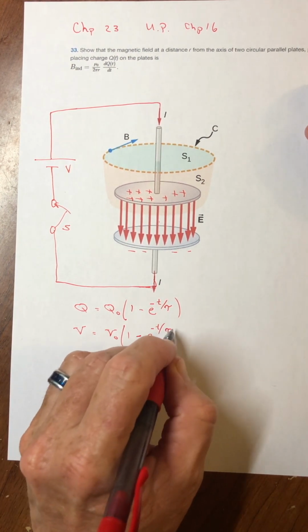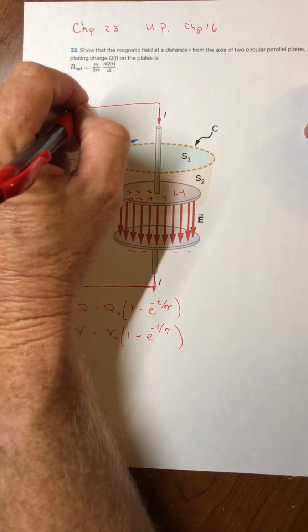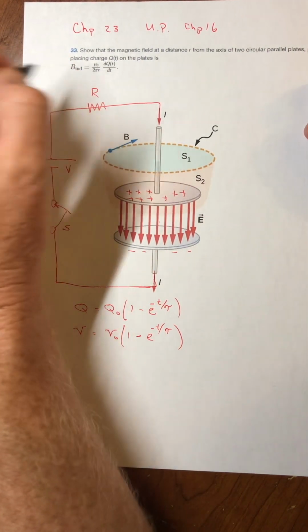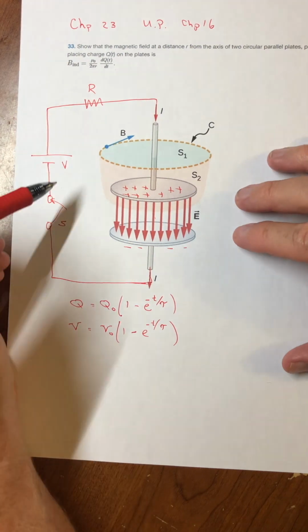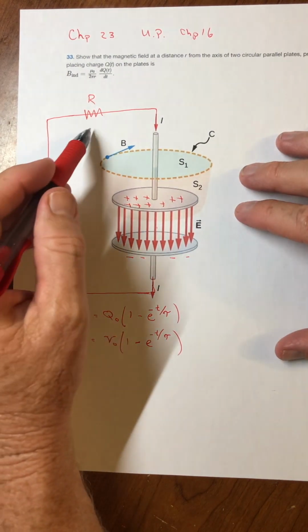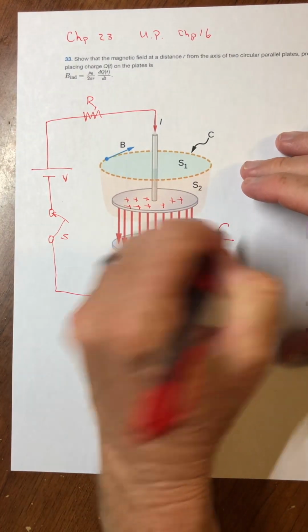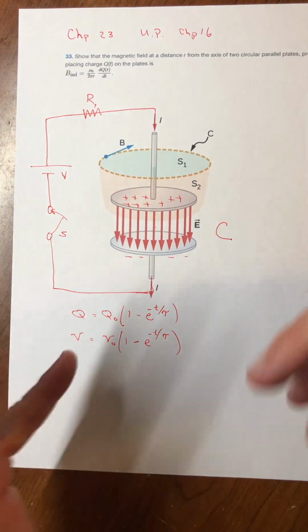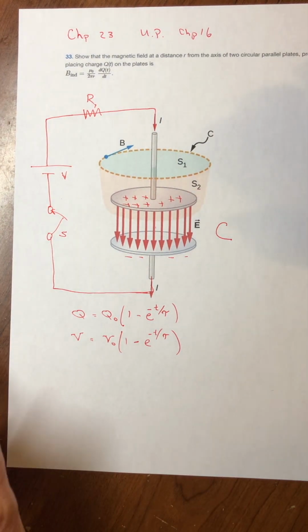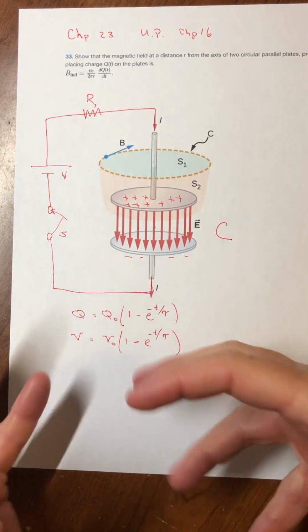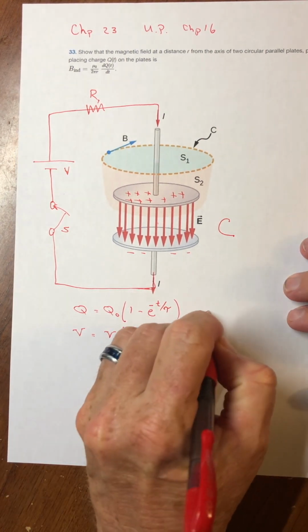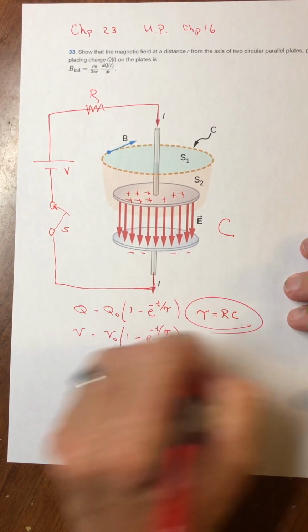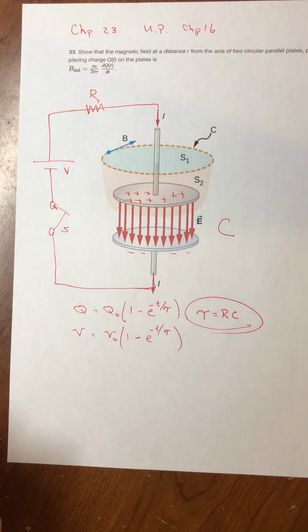Now, in my picture, I should have put a resistor here. So this is our battery and our R, and then here's the capacitor, building up charge. When we did capacitors a couple chapters ago, our focus was just on the fact that they charge up and the rate at which they charge, with what we called an RC time constant. And all that is very true.